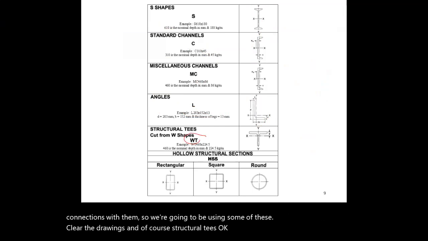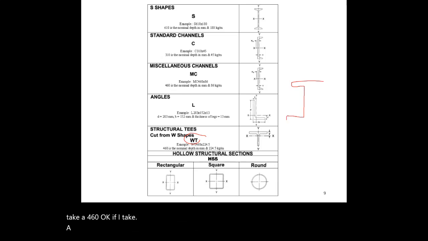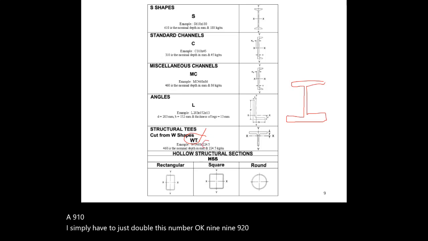Now, if I take a 910, I simply have to double this number, 920 I should say, and cut them in half.